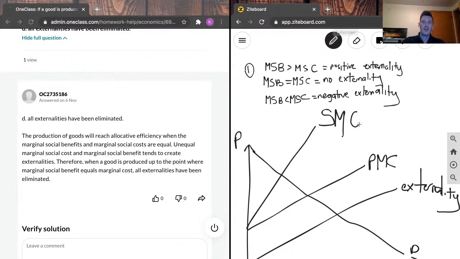Here I've written SMC, sometimes it's MSC as I've written above, marginal social cost or social marginal cost, same thing. So without the externality internalized, they would demand this level of Q at this price P.